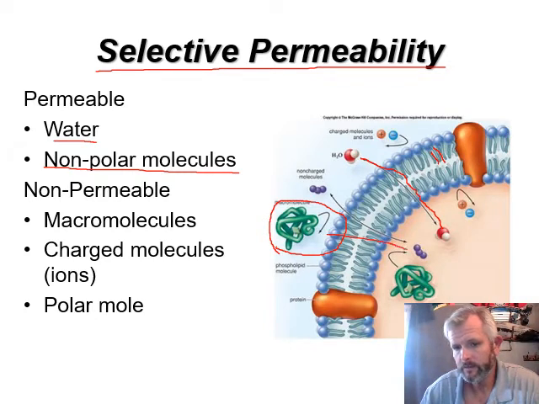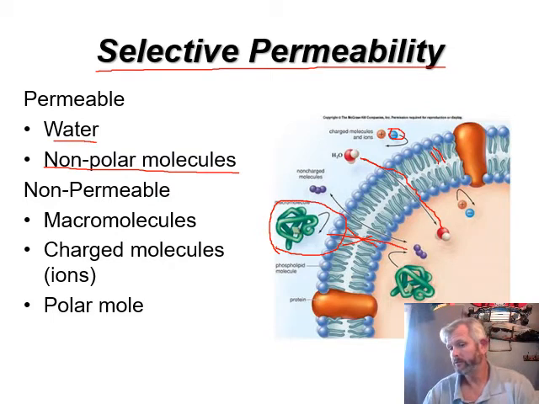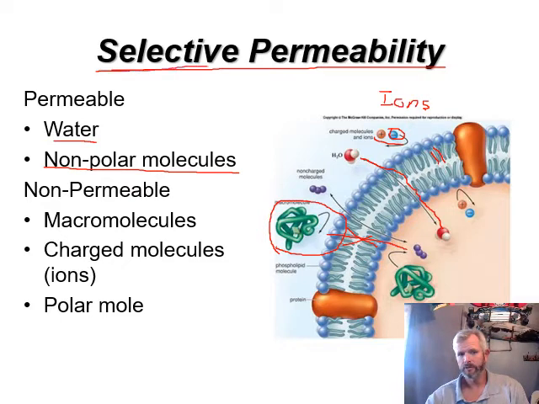They are turned away. And even though ions are single atoms or a couple of atoms, they are small, but what are they? They are charged. They're not even just polar, they are charged molecules. So they are repelled by the non-polarity of this membrane. So ions are not allowed through the plasma membrane, because it is selectively permeable.